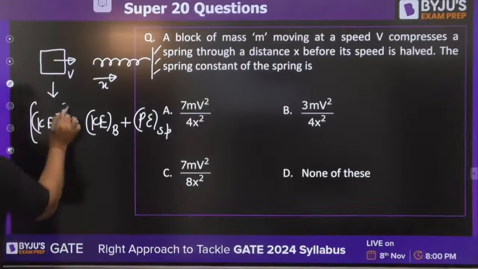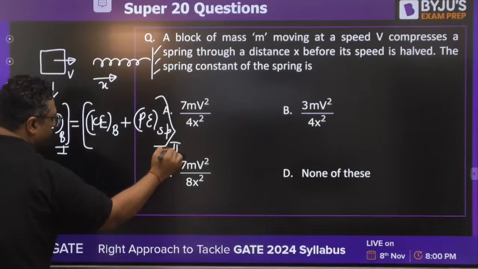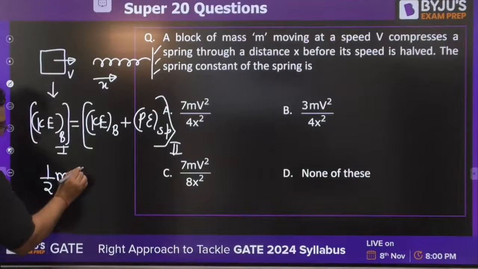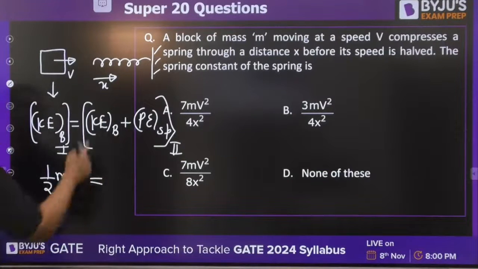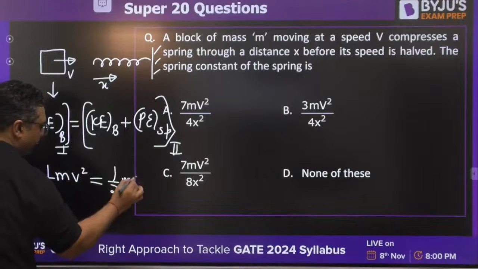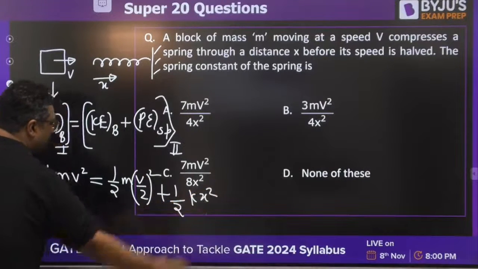This is initially, this is at second position. So you can write half mv square, second position when x displacement happened, half m (v by 2) square plus half kx square.